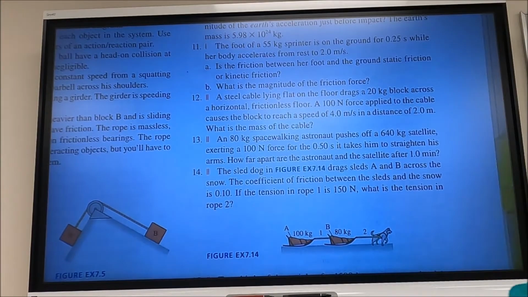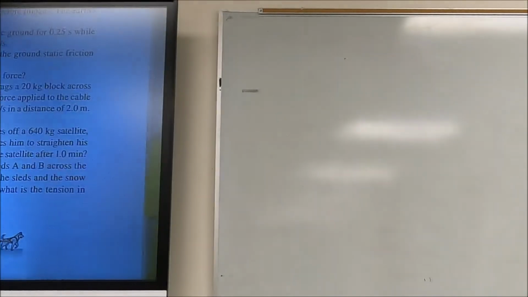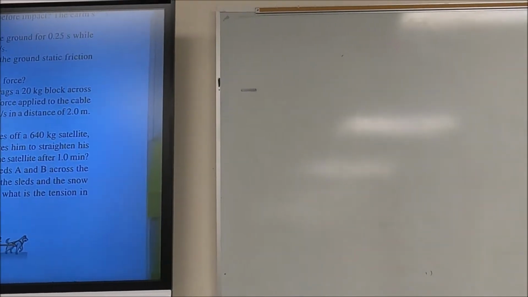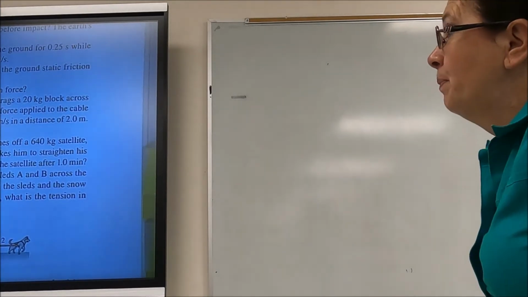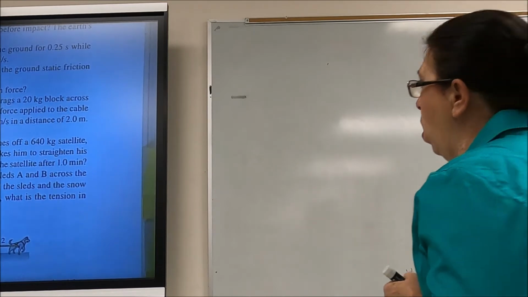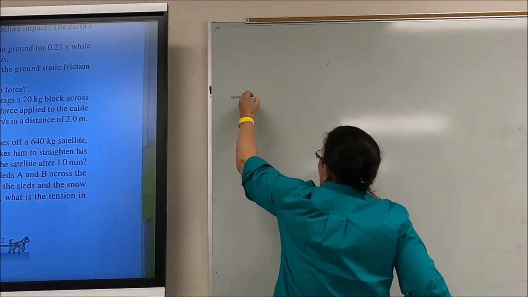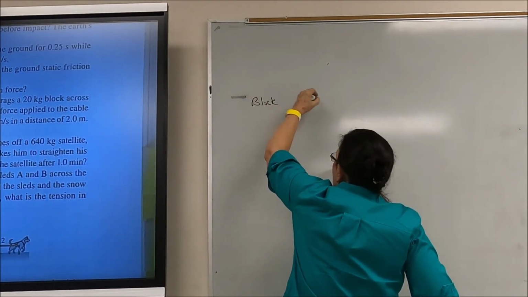So let's start looking at problem solving here. You've got a copy of this in the handout I gave you on how to do things, but I'm going to write it out because that slows me down a little. We have a block and we have a cable.